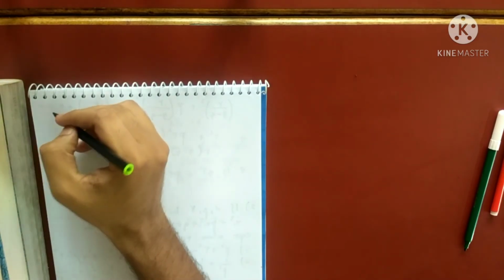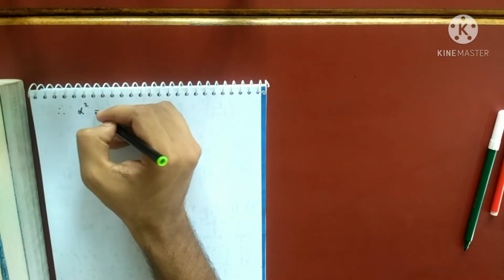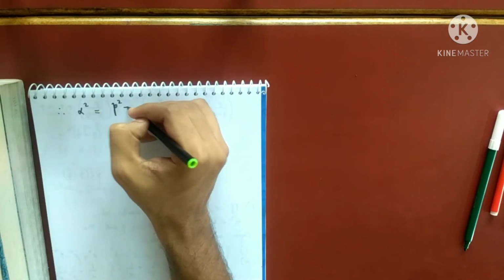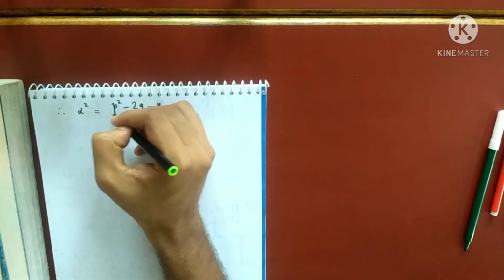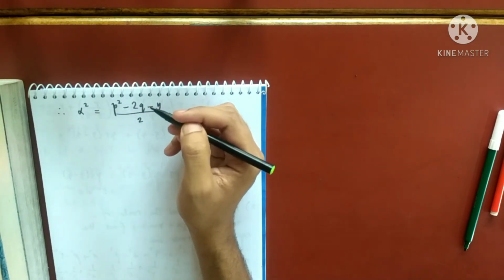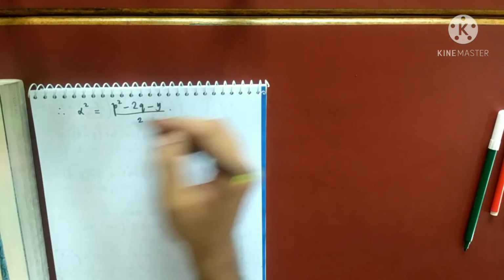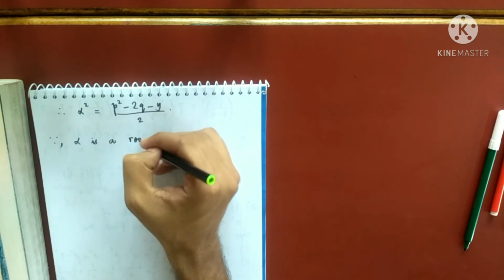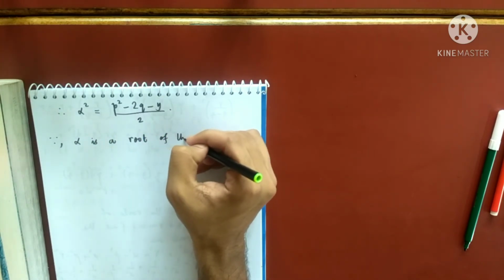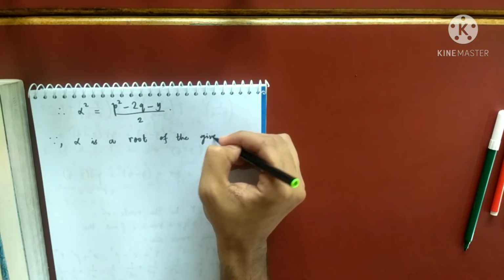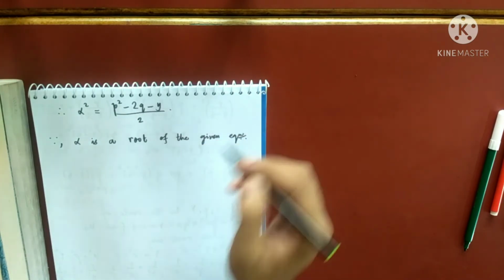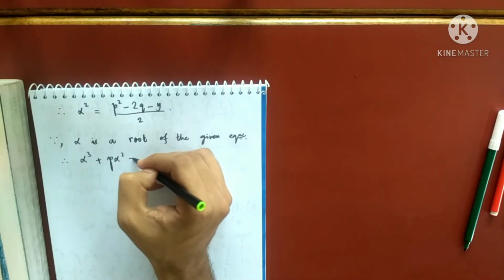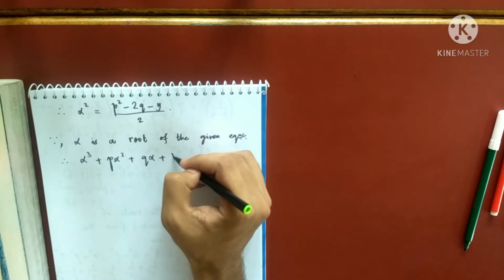So therefore, what is the value of alpha square from the last equation? It will be, as you can see, (p square minus 2q minus y) over 2. So this is the value of alpha square. Now again the same logic, since alpha is a root of the given equation, therefore alpha cube plus p alpha square plus q alpha plus r equals to 0.